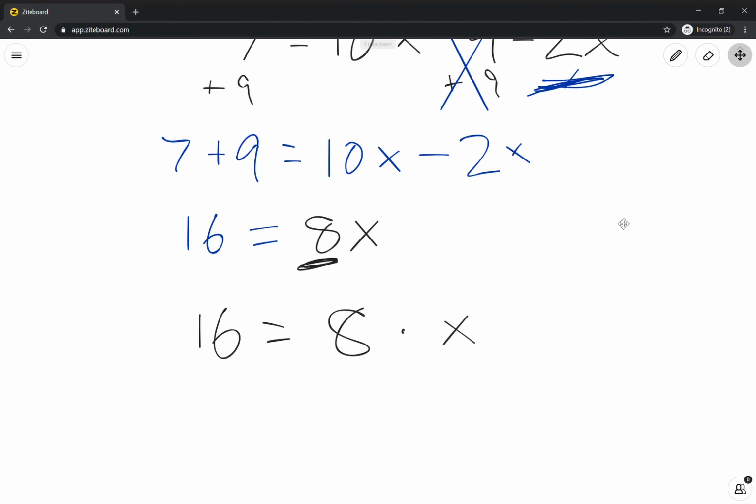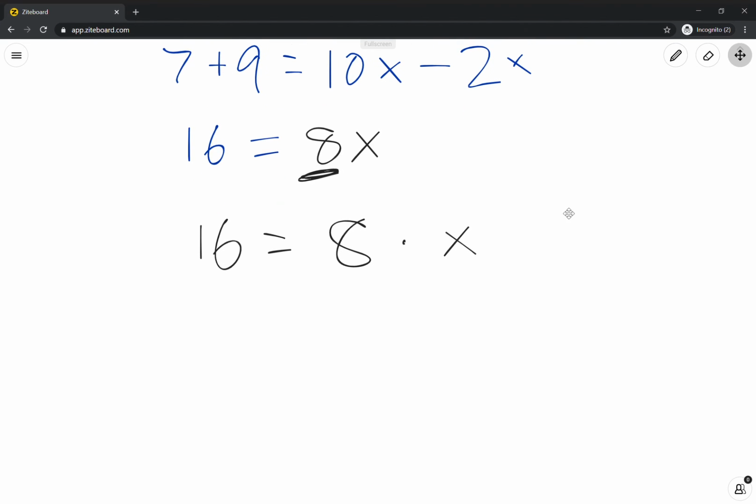Now, when you have multiplication or division, the way to reverse it is to do what we call the opposite operation. So in the case of multiplication, like we have here, we would use division. So if we were to divide this by 8, think about it. 8 times x divided by 8, the 8's go away, and you're left with just x.